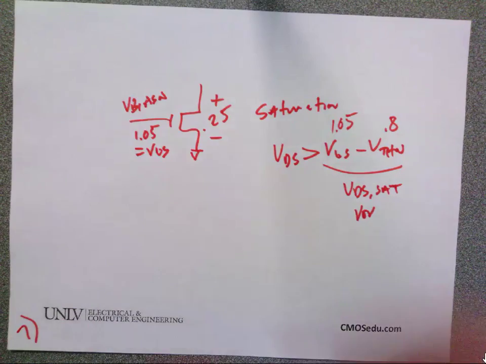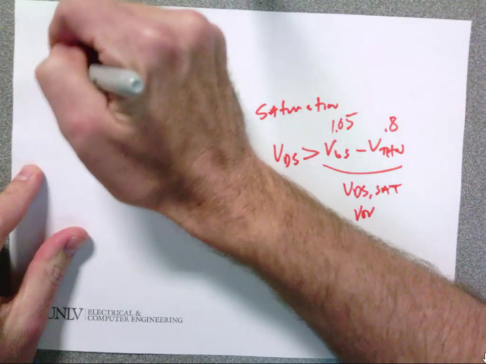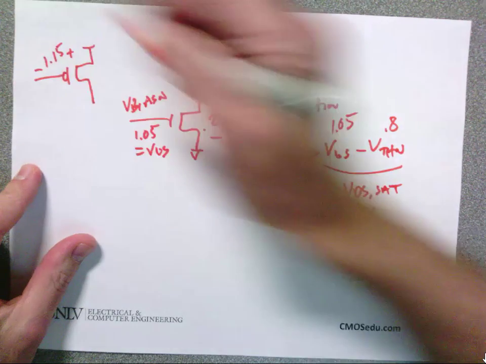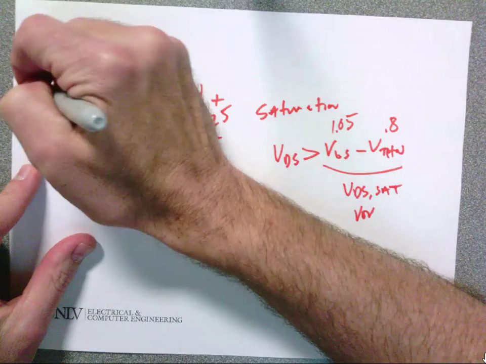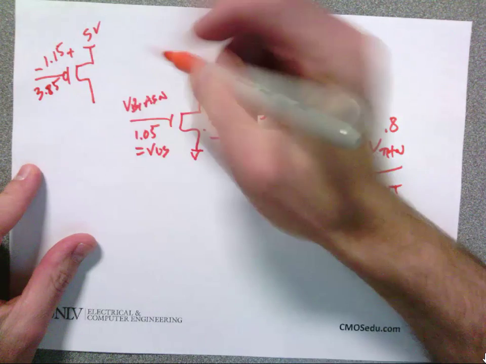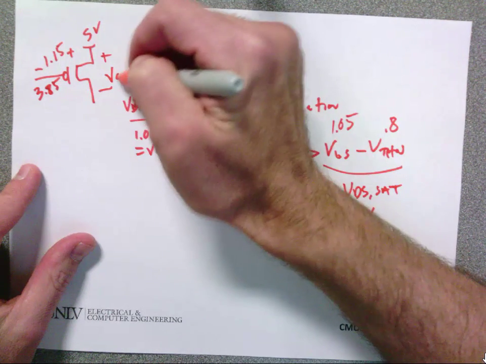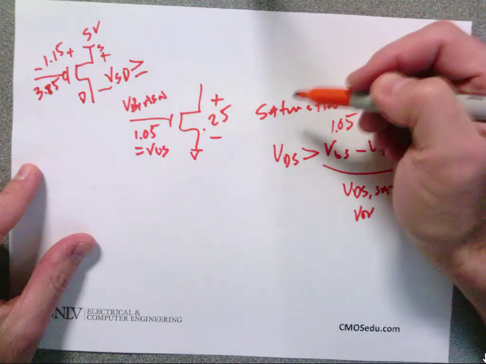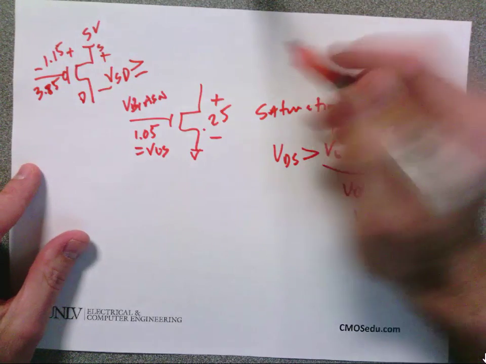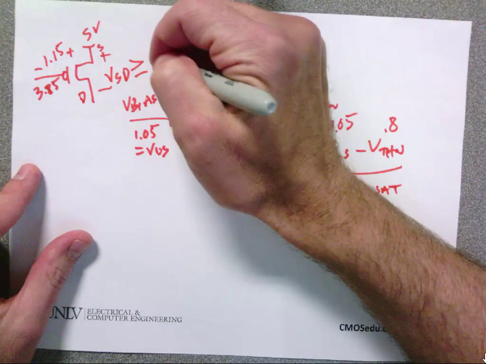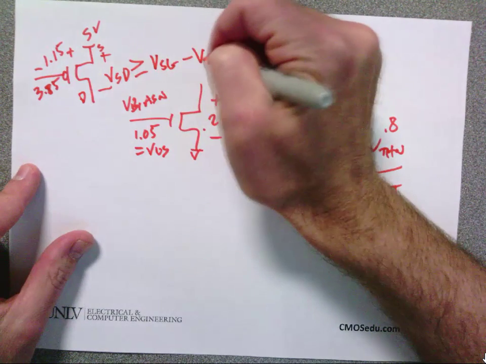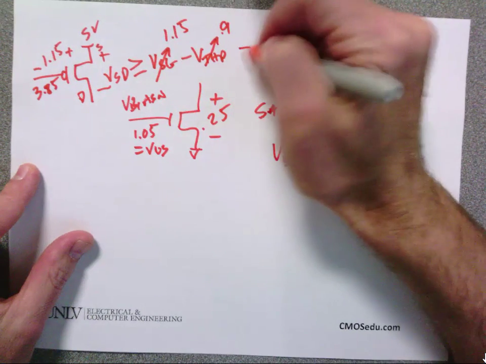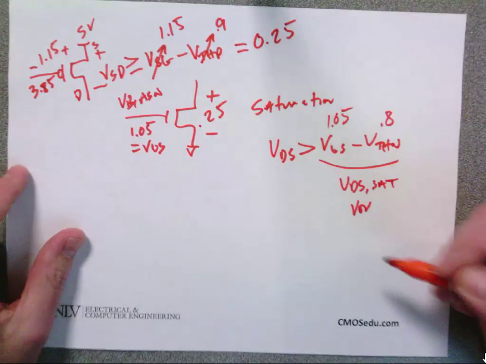So if I have the transistor like this, and this voltage is 1.15, so this is 5 volts, and this is 3.85. For this device to be in saturation, VSD has to be greater than or equal to what? Does everybody agree?